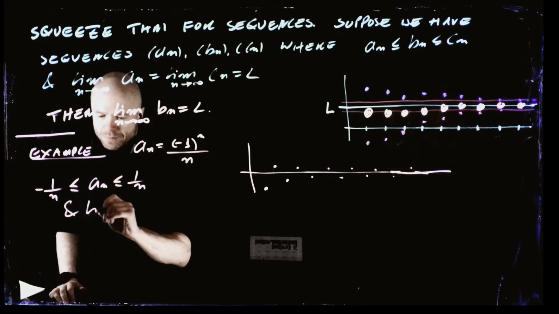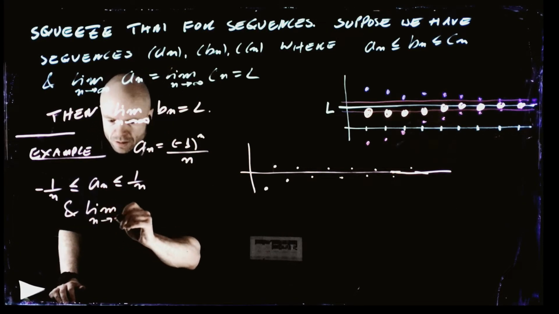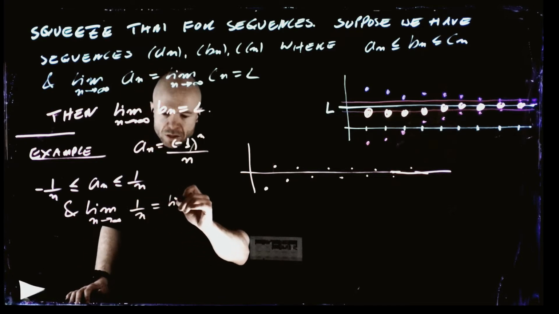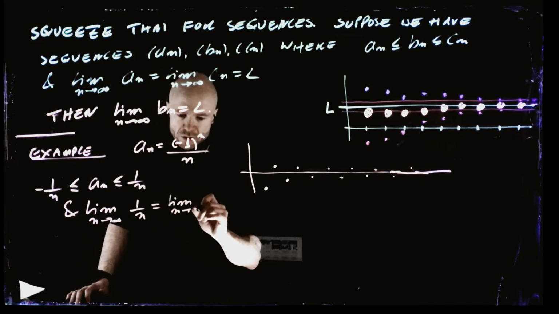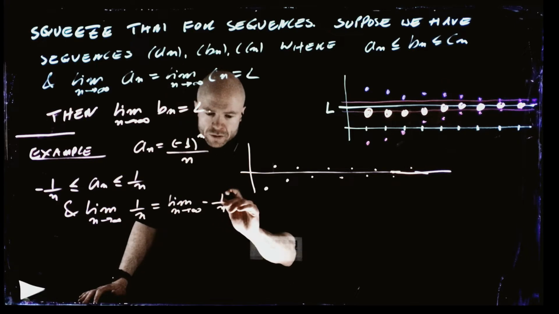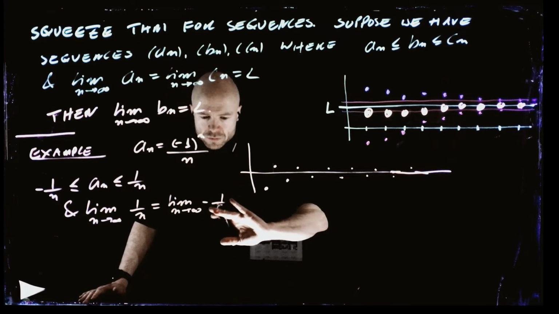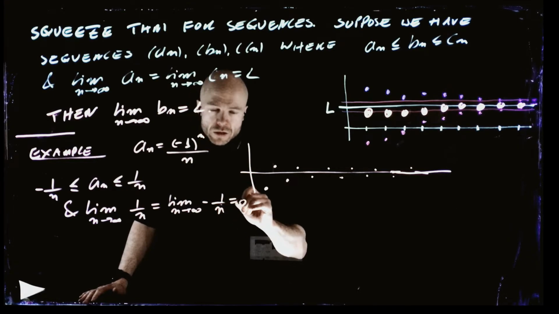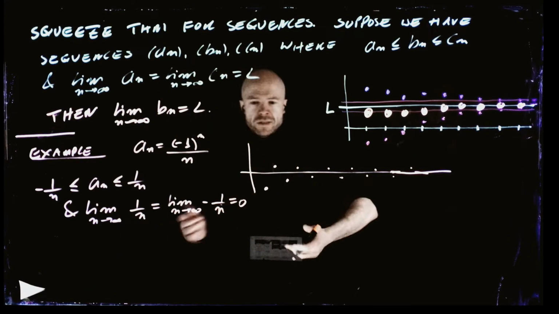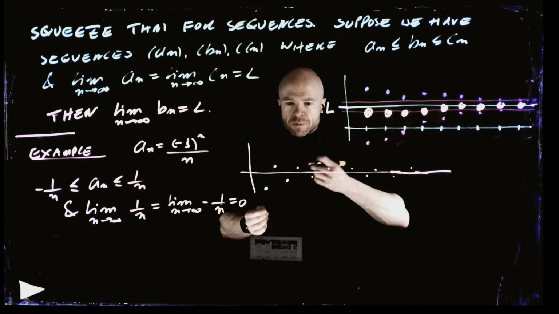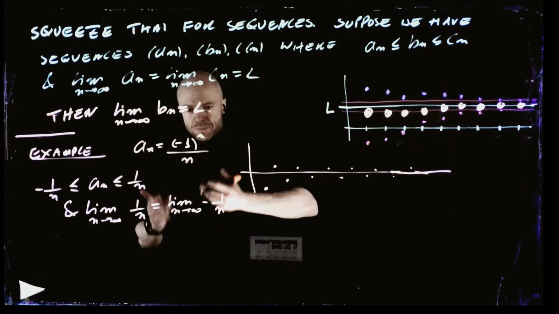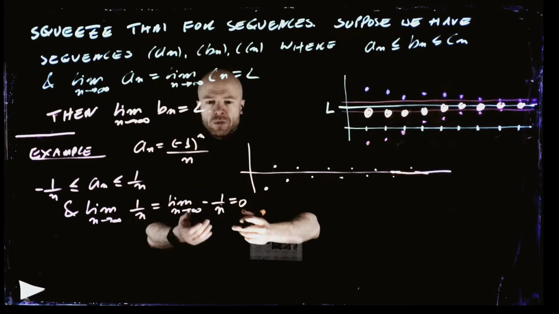The limit as n tends to infinity of 1 over n equals the limit as n goes to infinity of minus 1 over n, which is equal to 0. This is completely analogous to the squeeze theorem you learned when we were discussing the limits of functions, right? We trap something that we don't understand so easily between two things that we easily do understand.